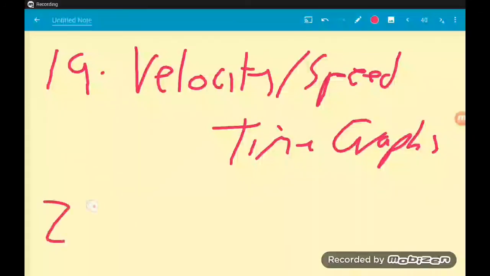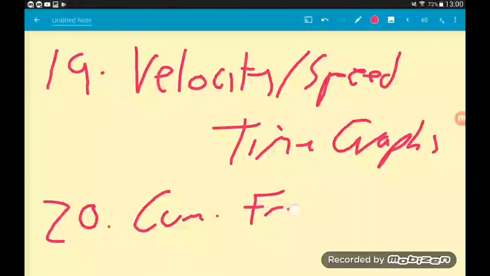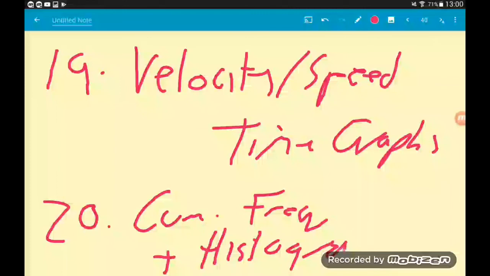Next up, cumulative frequency and histograms. So these guys love papers 2 and 3, so it's extremely likely you will see cumulative frequency and histograms. So either you will be asked to plot a cumulative frequency diagram and then probably asked to use it to find a median value or an interquartile range, something like that.